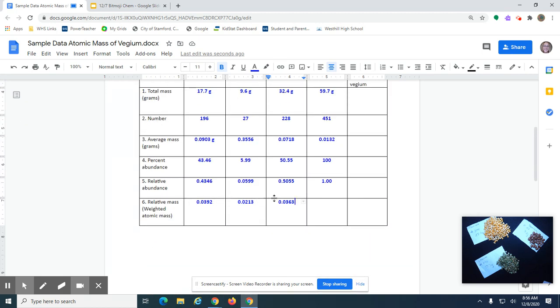So we add these three numbers. 0.0392, oops, I keep forgetting that's not my calculator, 0.0392 plus 0.0213 plus 0.0363, and we get 0.0968, which is very low.